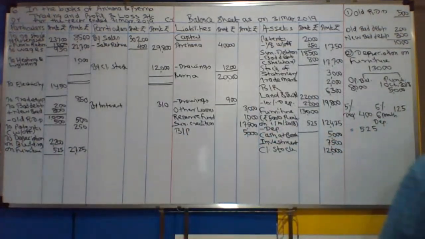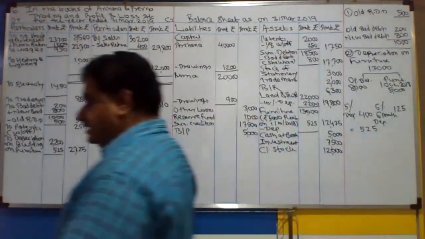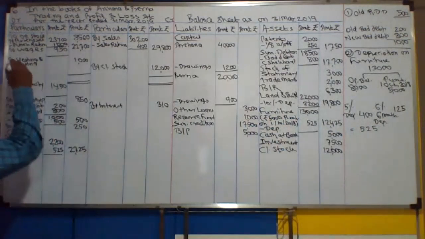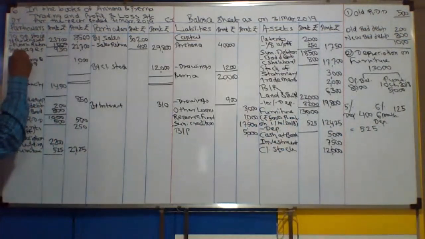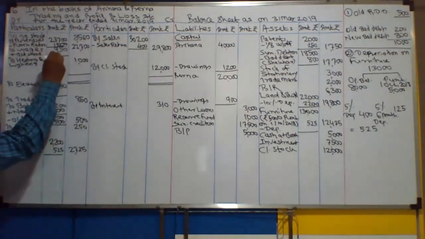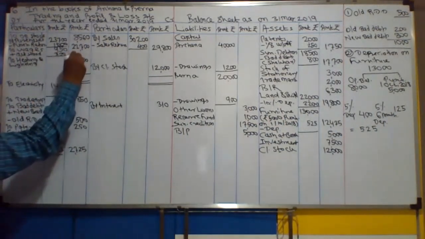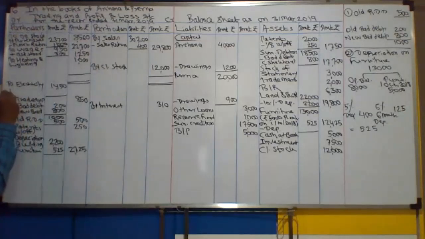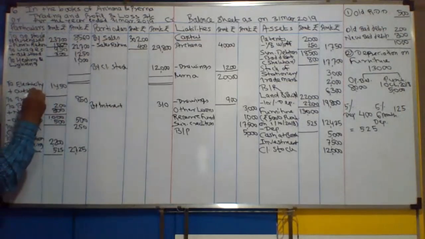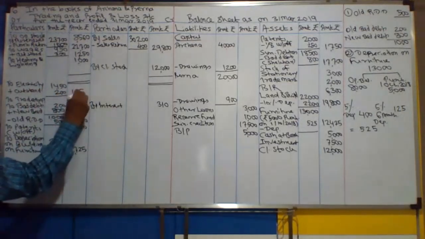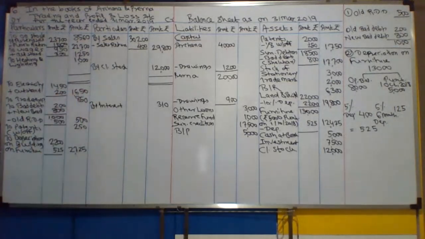Outstanding expenses are wages 300, electricity charges rupees 200. So add in the wages, outstanding wages 300, outer column 1,250. Add in the electricity, outstanding electricity 200, outer column 1,650.